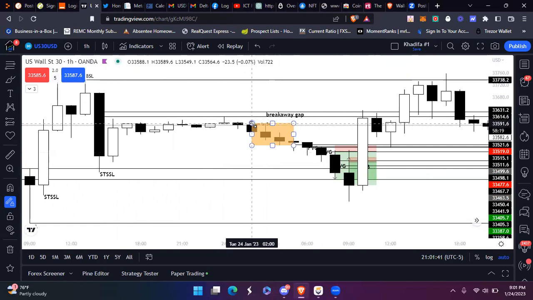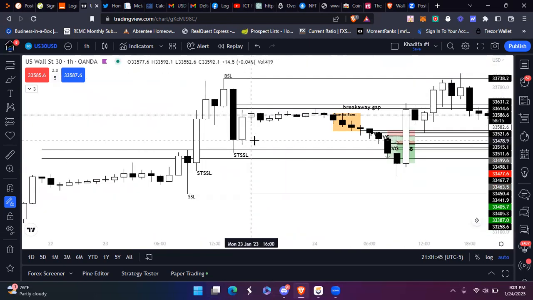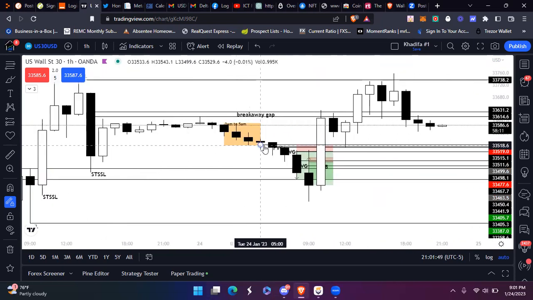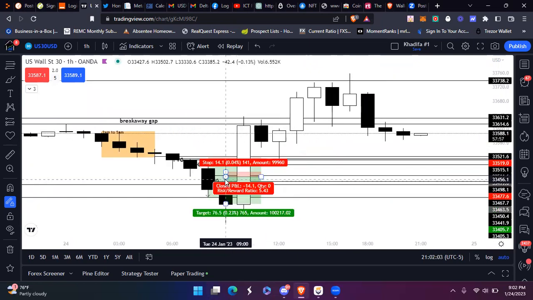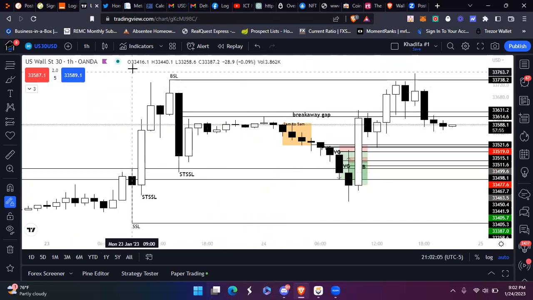I identify the high and the lows of that range, and then I wait for price to react to that range. I wait to see if price action reacts bearish to that range or if it reacts bullish to that range. And then I start looking for my setup.